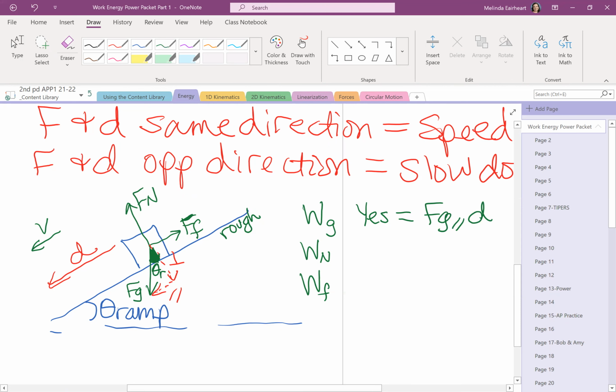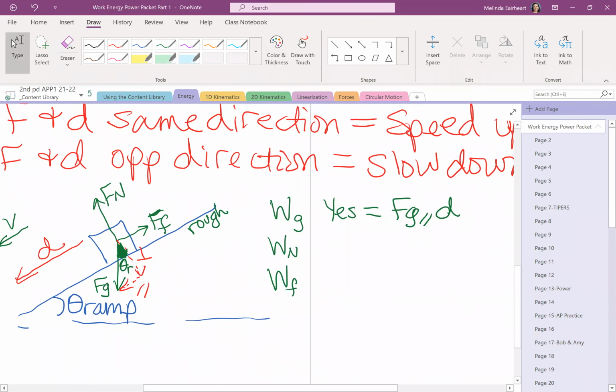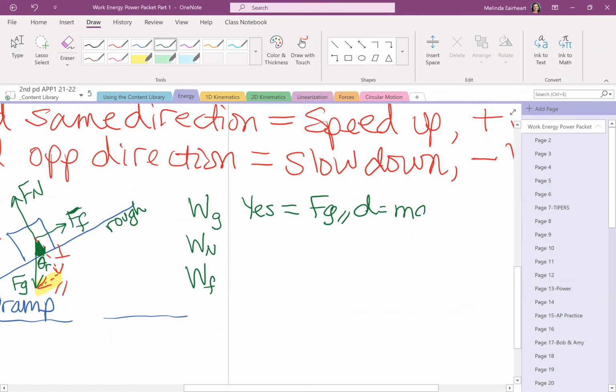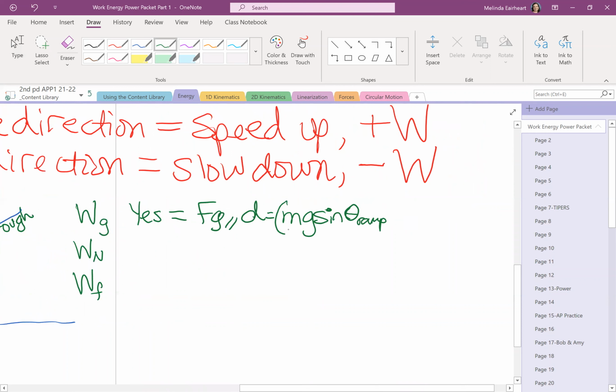And so how do I find that parallel component of the gravitational force? mg sine theta, because it's opposite, right? It's opposite the ramp angle theta. And so it would be mg sine theta, and that's the ramp angle. And isn't this force down the ramp?